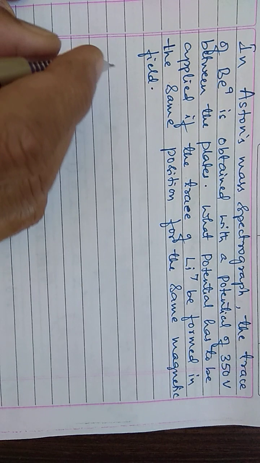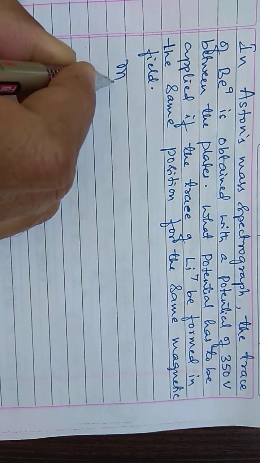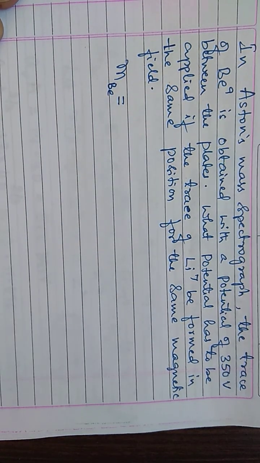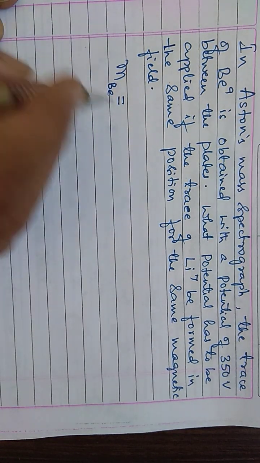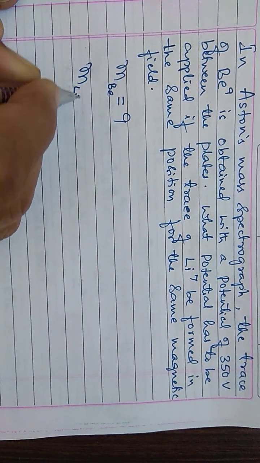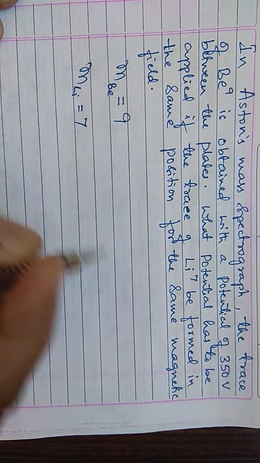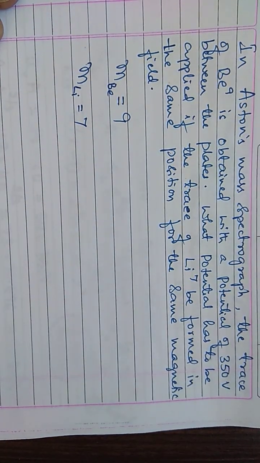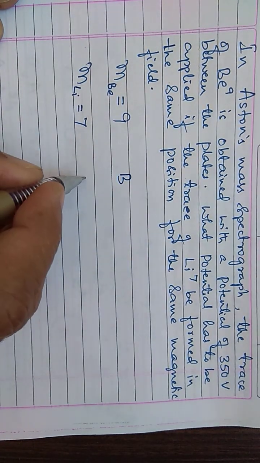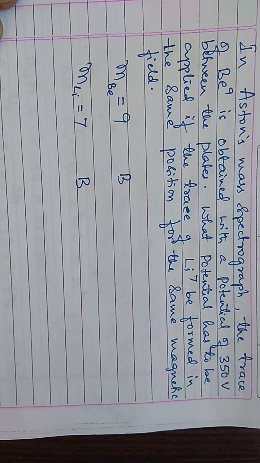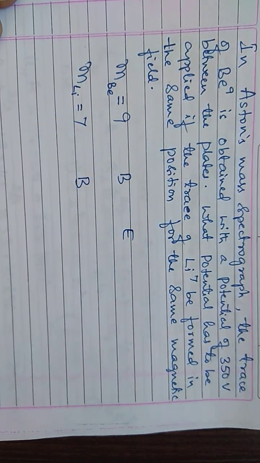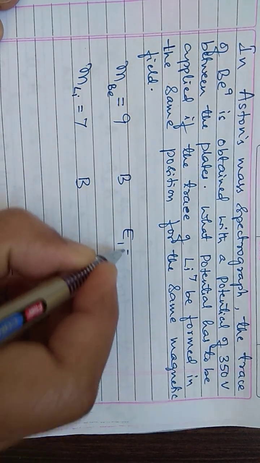Now the thing is, mass of beryllium, atomic mass number 9, mass of lithium, I will write, is equal to 7. He says the same magnetic field that we are using. Here also the same magnetic field. Here the voltage that we are applying is equal to 350 volts.